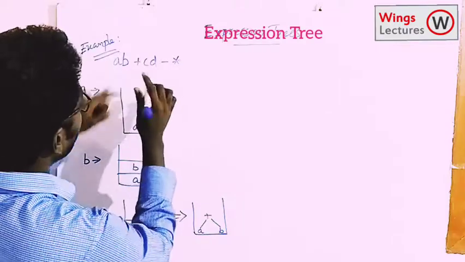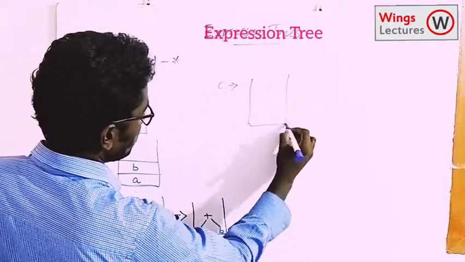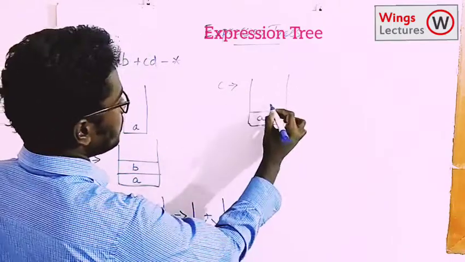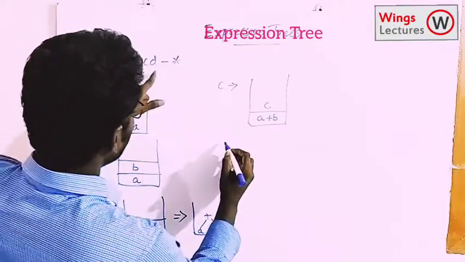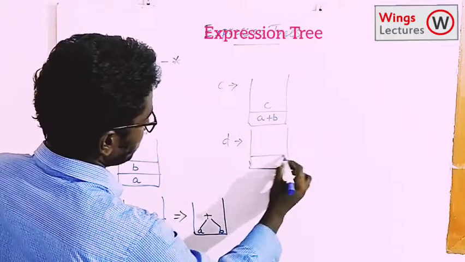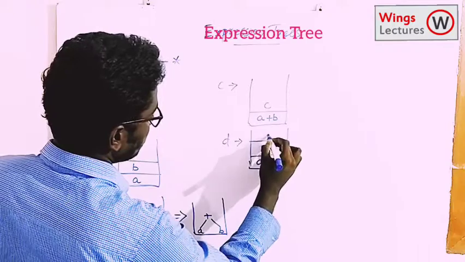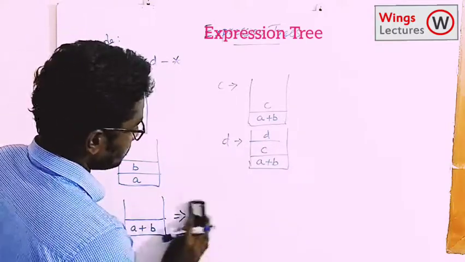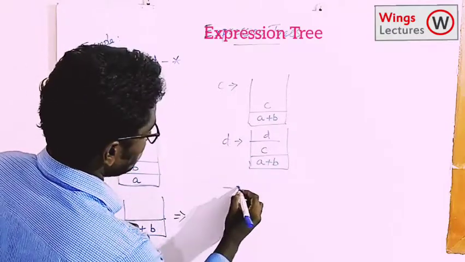Next, the next character is C. So already I have A plus B in my stack, then I am going to read operand C, and then D, so A plus B, and then C, D. Next, I am going to read minus.